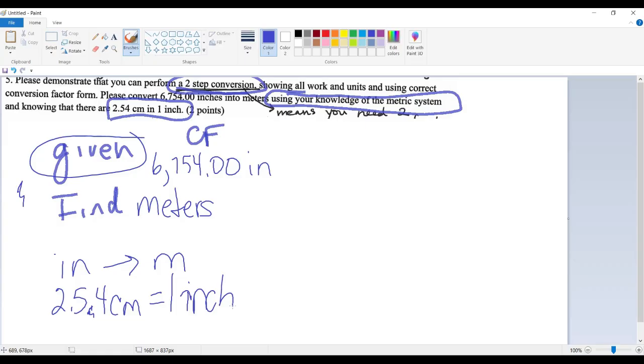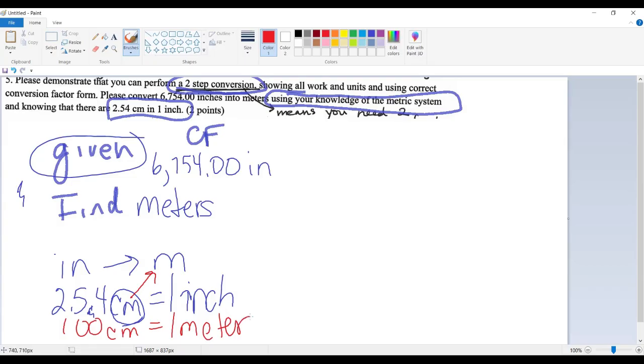Now, once I have that conversion factor and I know I have centimeters, the second thing I have to be able to do now is get from centimeters to meters. Do I, in my head, know the relationship between centimeters and meters that I could write a conversion factor that will get me from centimeters to meters? I should, in my head, have the conversion factor that there's 100 centimeters in 1 meter.